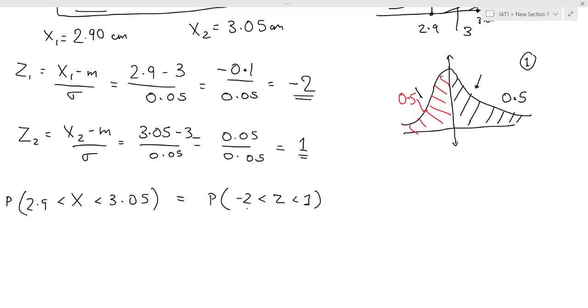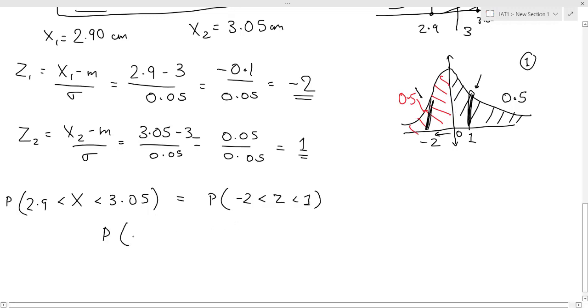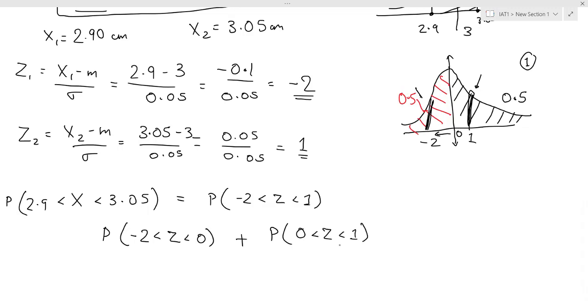Now, how can we find the probability between -2 and 1? See, whenever we have this graph, the center is 0 in the standard normal distribution. So we have to find the area till here, -2, and the area till here, which is 1. From 0 to -2, it is symmetric about the y-axis. The normal distribution is symmetric about the y-axis. So we have to find the probability of z between -2 and 0, and the probability of z between 0 and 1, right?